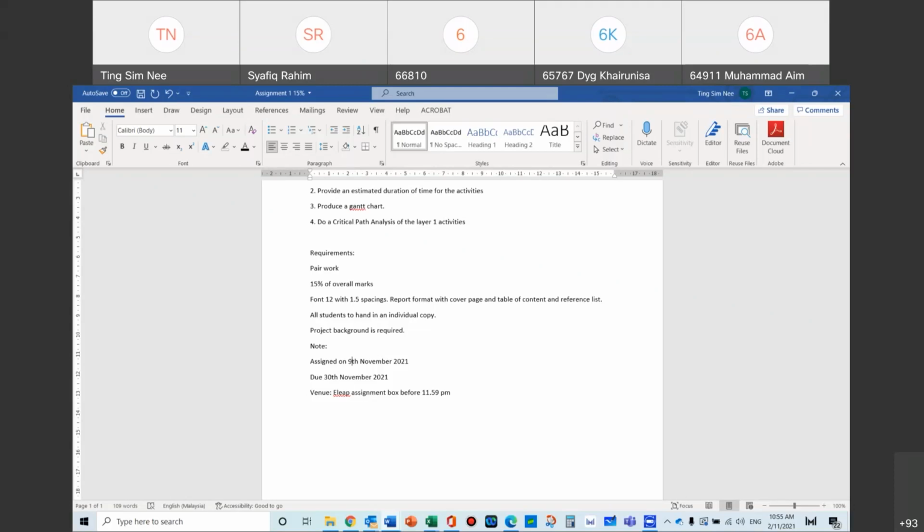Which is a better mode? I think both individual copies and one person handing in can work.